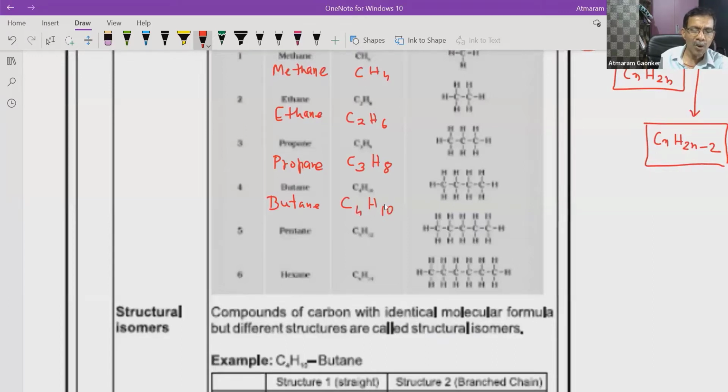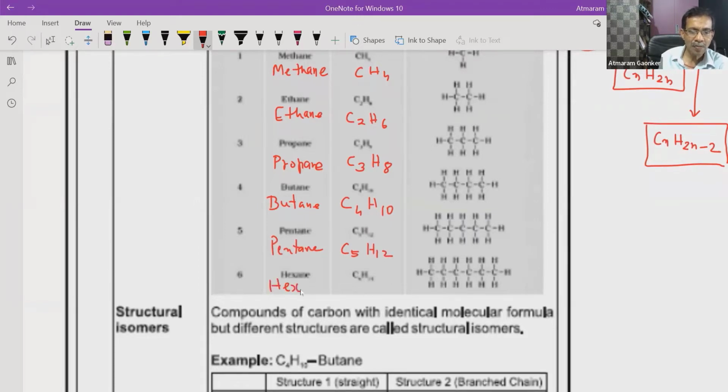So 4 into 2 is 8, plus 2 is 10. So this is the structure of butane. Then we have pentane. Pentane has 5 carbon atoms, and 5 into 2 is 10 plus 2 will be 12 hydrogens over here.